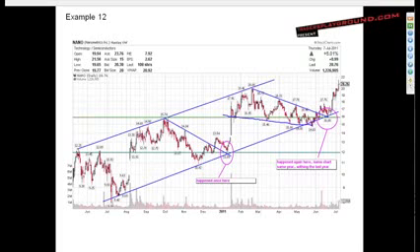It's not straight, but it's actually a wedge formation that's coiling up. We're going to cover this, but it's kind of like a coiled spring where it gets narrower and narrower and narrower, down to such a fine range. If somebody did not identify this, they would think this was a support break when actually it was a mere shakeout down to that other trend line.